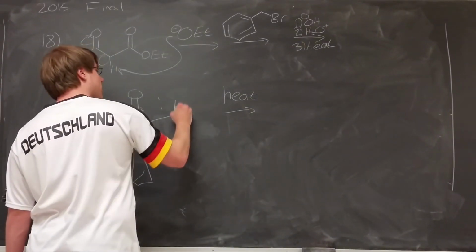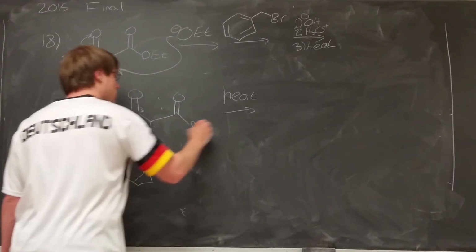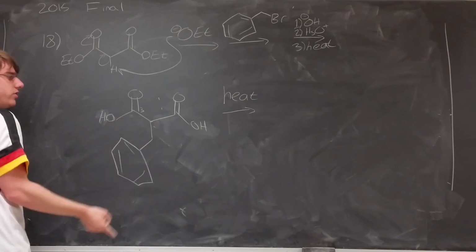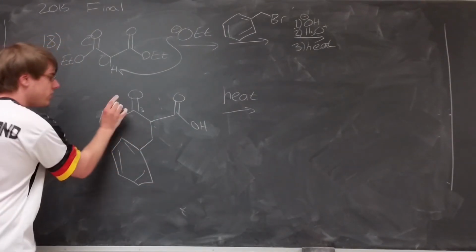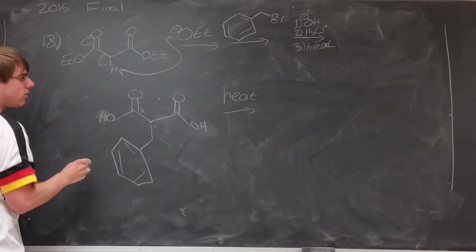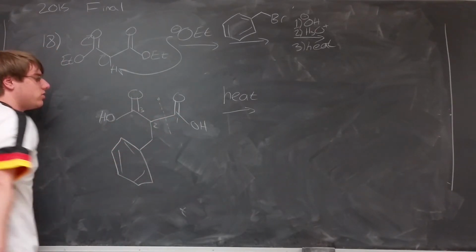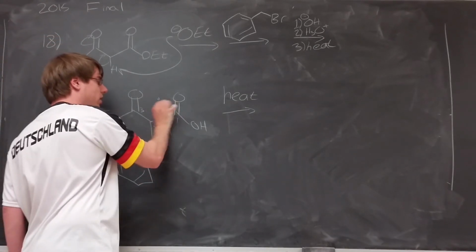So just to reiterate what happens in decarboxylation, you find your carboxylic acid and it has to have a beta carbonyl. If there are 2 carboxylic acids, it doesn't matter which one you choose, but if this was just a carbonyl, you have to choose the carboxylic acid. And now you number 1, 2, 3, and you split the bond between 1 and 2. And so that bond is now gone.